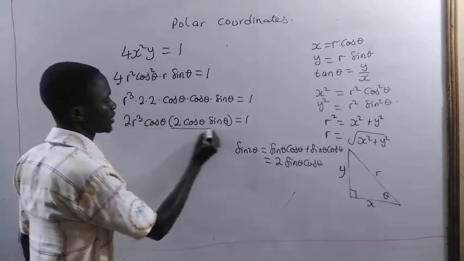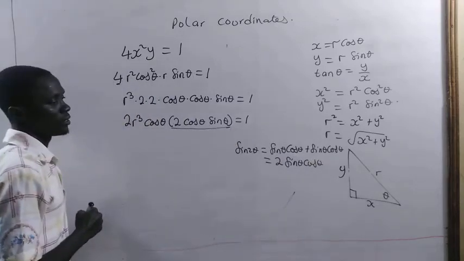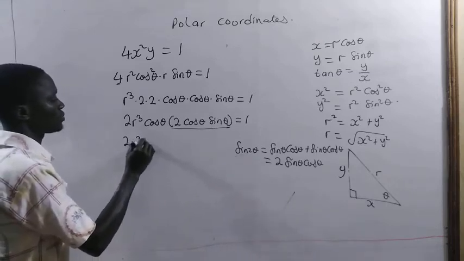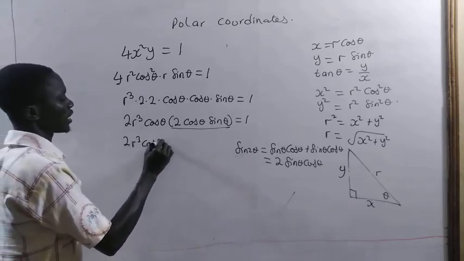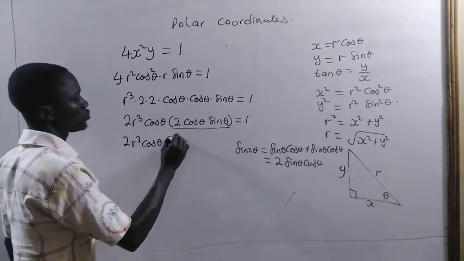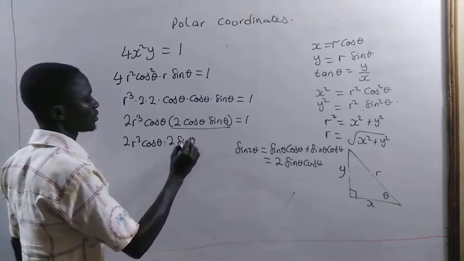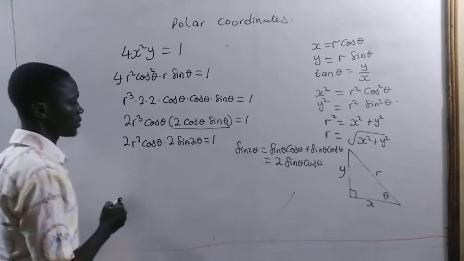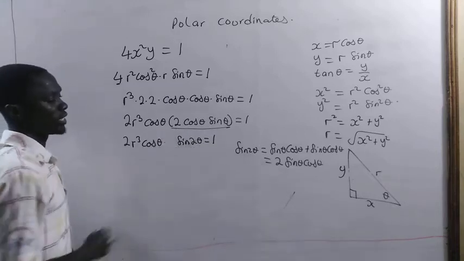So in place of this, we are going to put there sine 2 theta. So we have 2r cube cosine of theta times sine 2 theta equal to 1.